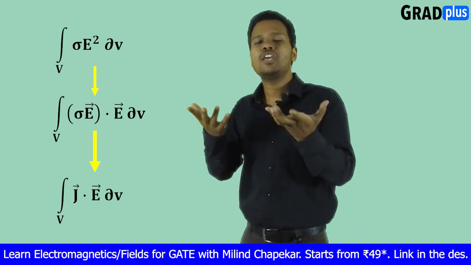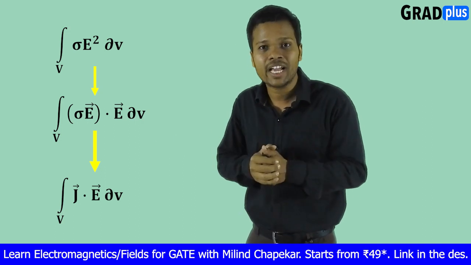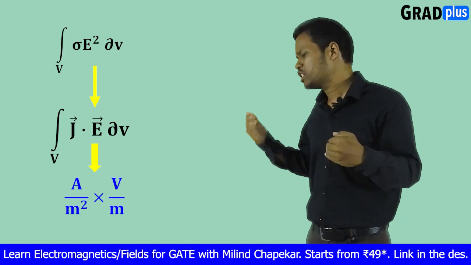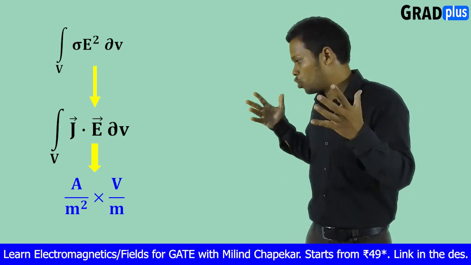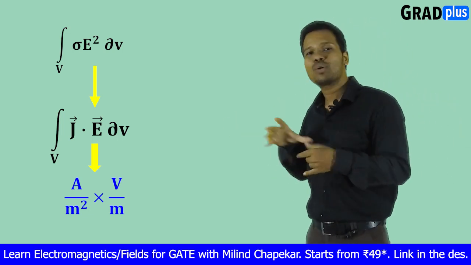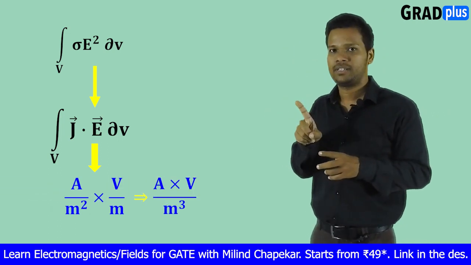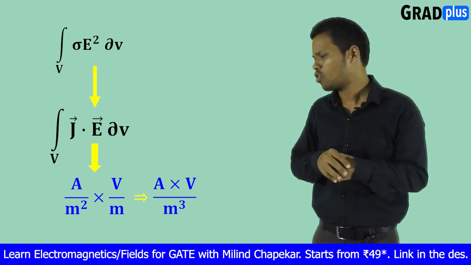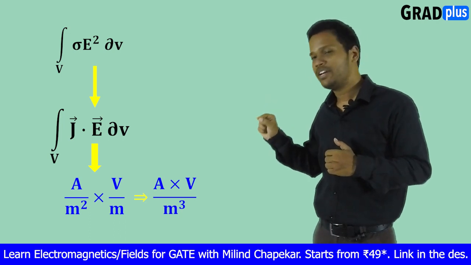What is the unit for J, current density? Ampere per meter square. And what is the unit for E? Volt per meter. So the combined unit of J into E, or sigma E square, becomes current, ampere, into voltage divided by meter cube.